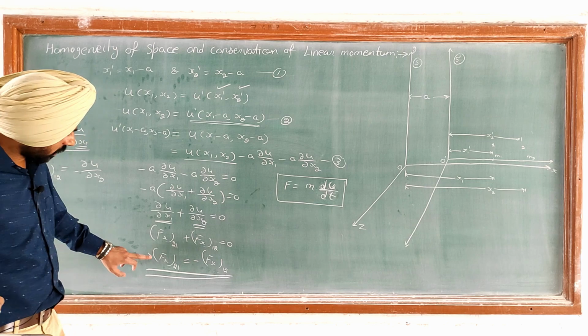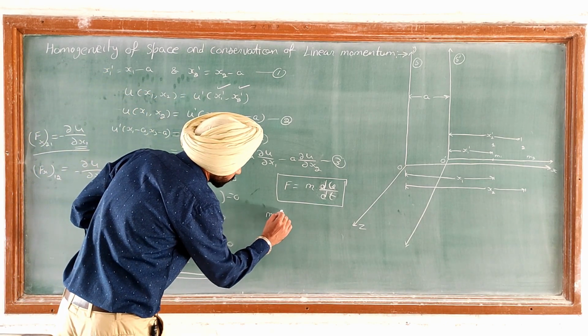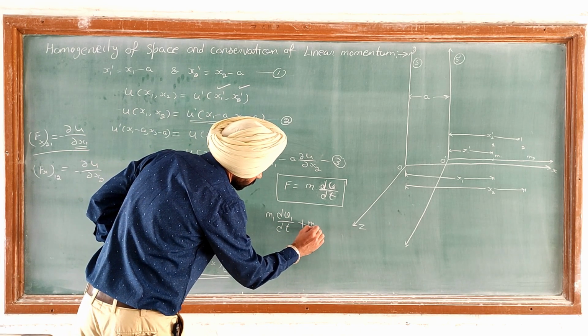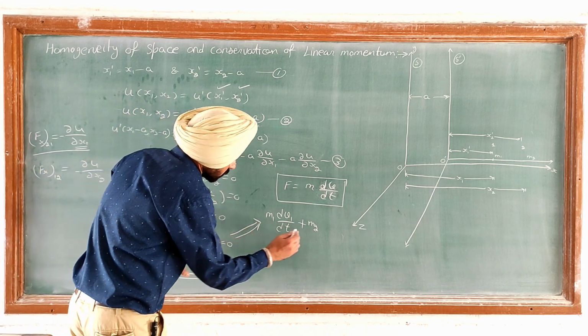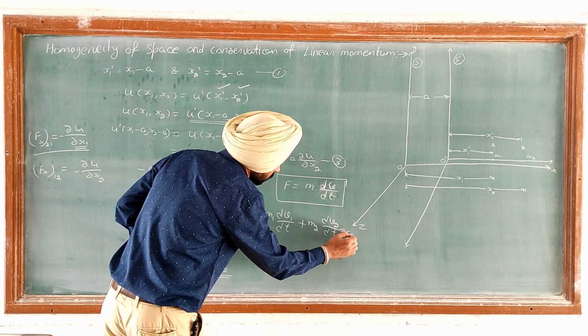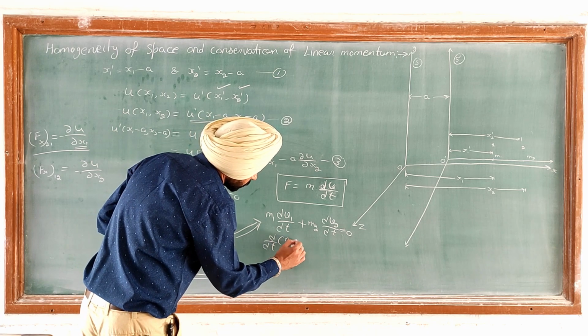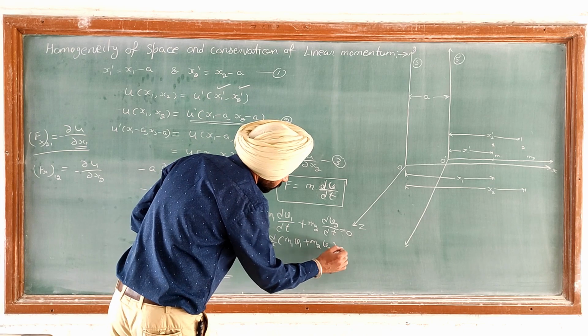It will be m1 dv1/dt plus m2 dv2/dt is equal to 0. So I can write it as d/dt of (m1 v1 plus m2 v2) is equal to 0.